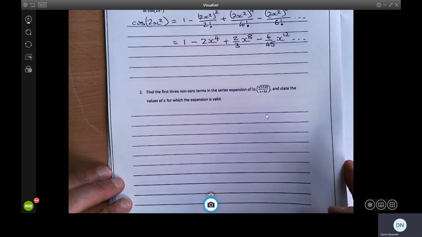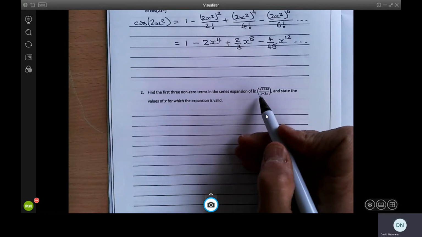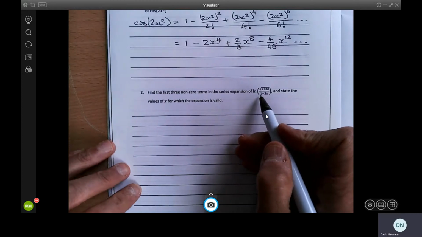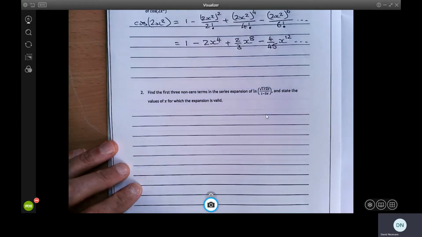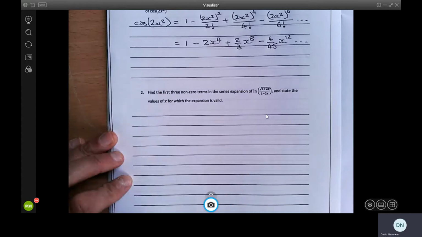Let's go down to the second question here. Find the first 3 non-zero terms of this expansion and state the values it's valid for. So first of all, we're going to use the laws of logs.